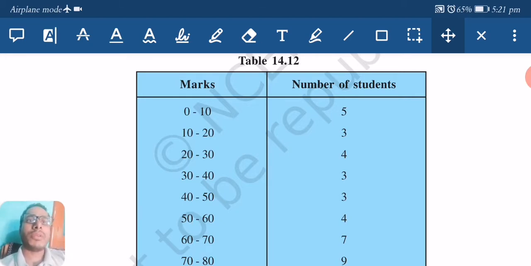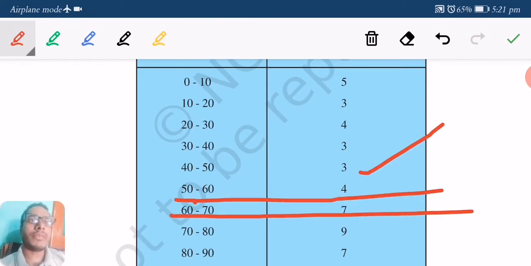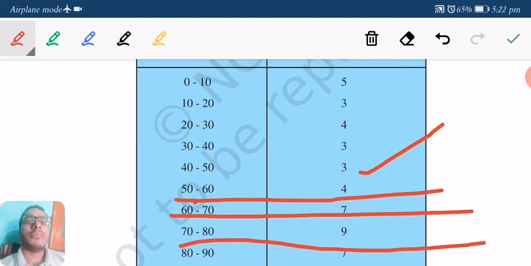Marks obtained between 20 to 30 are 4. 30 to 40 are 3. 50 to 60 is 4. 70 to 80 we have 9. 80 to 90 we have 7. So these many students fall under the scores between the ranges given here, 0 to 10, 10 to 20. So, what does that mean?